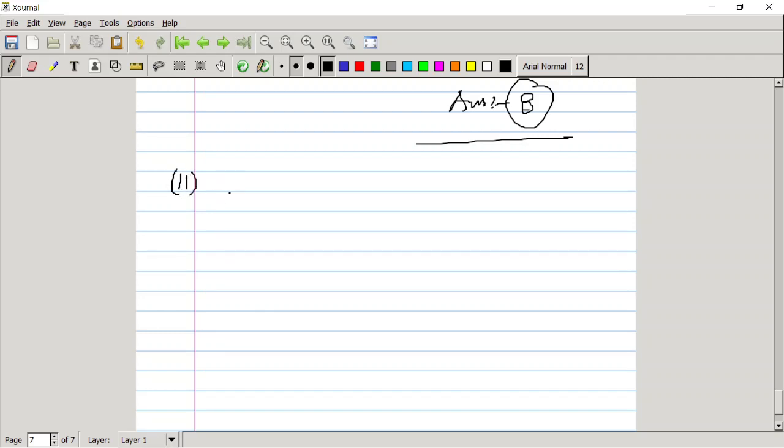Okay, so let me write the domain, that is (x,y) in R2 such that x square plus y square is less than or equal to 1, this region.